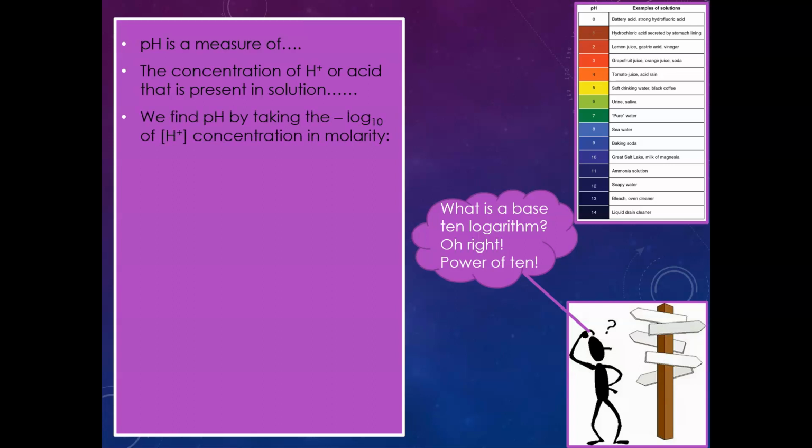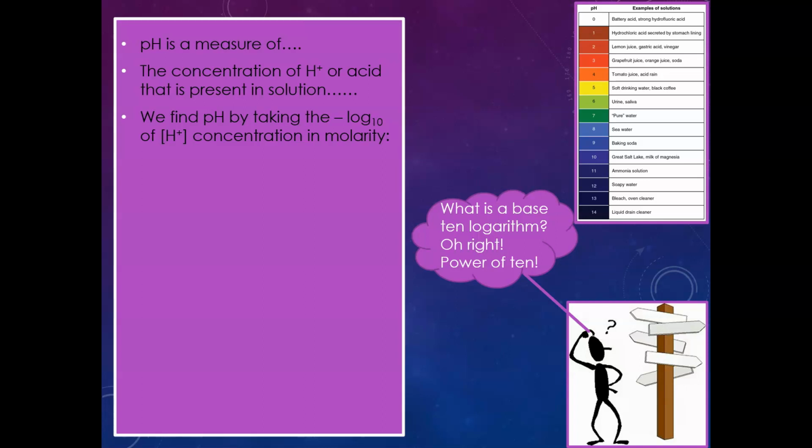So we're going to find the pH by taking the negative log base 10 of the hydrogen ion concentration in molarity. So what do I mean by log base 10? Basically, when we are looking at our scientific notation and we have something that's 10 to the power of something, so 10 to the power of 7, log base 10 of that number is going to be that exponent, so it's going to be 7.